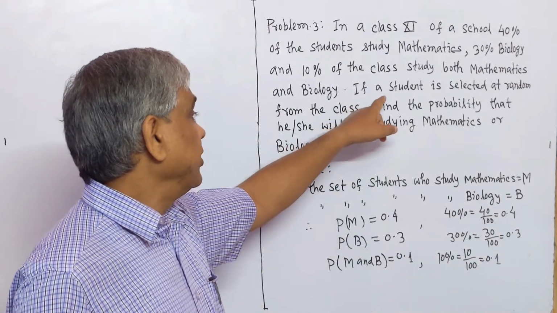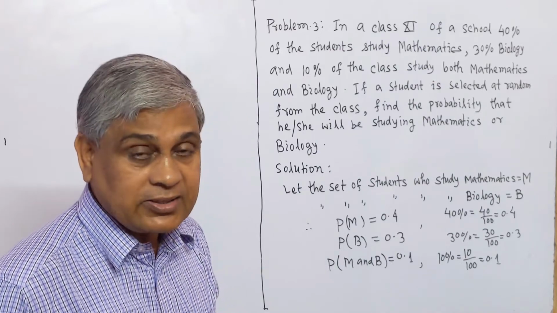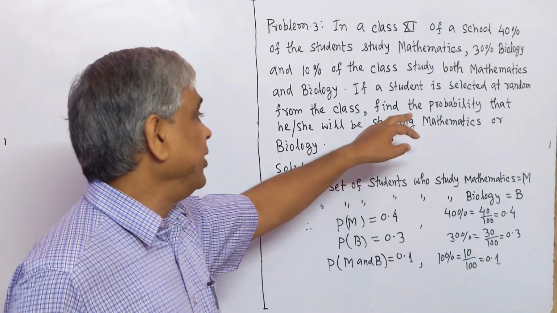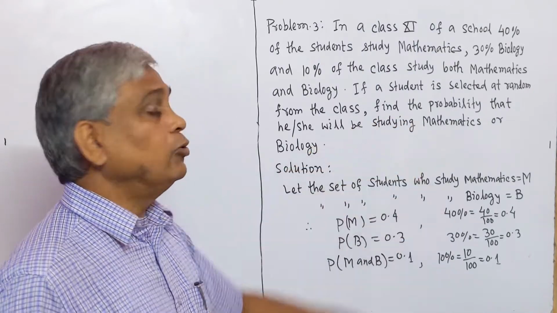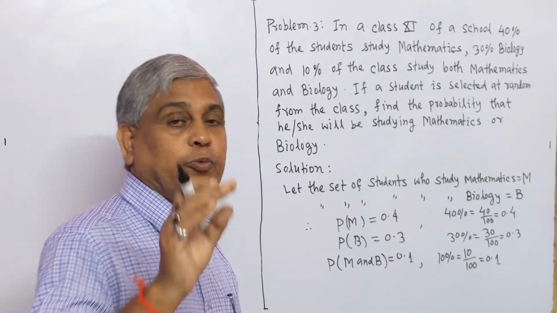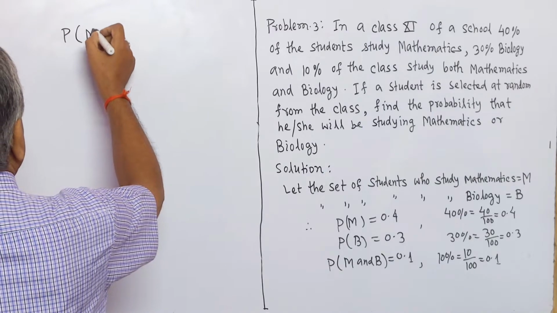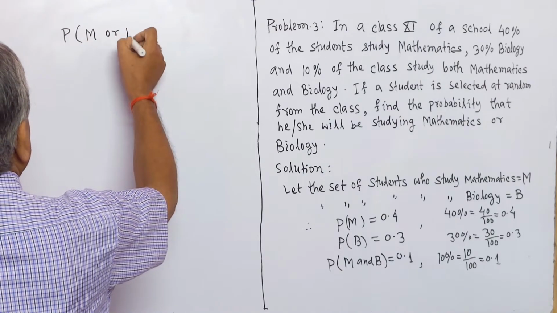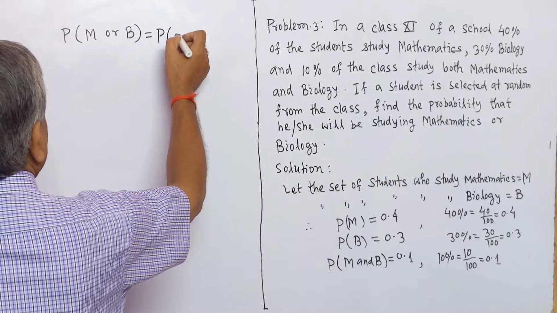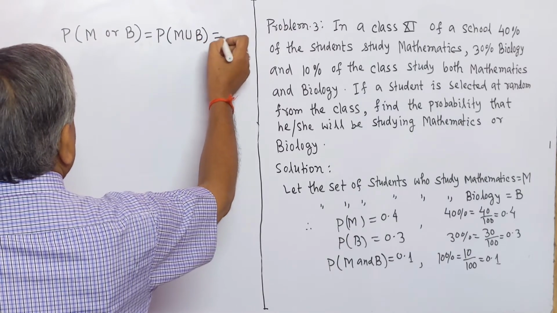Here, if a student is selected random from the class, now we have to find the probability that he or she will be studying mathematics or biology, means probability of mathematics or biology. That means or means union. We have to find this.